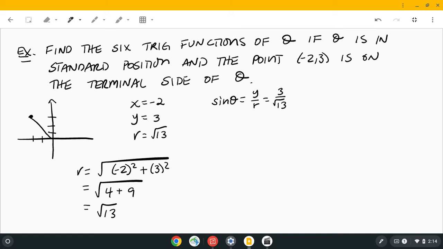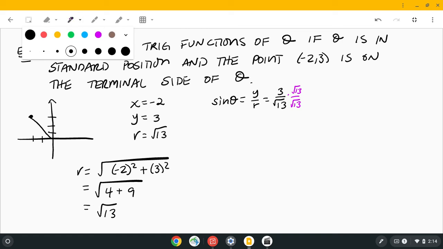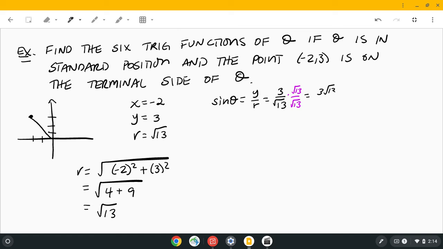Okay, and then if we rationalize this, if you forgot how to rationalize the denominator, you multiply here by square root 13 over square root 13. And that will give us 3 square root 13 on top. And then in the denominator, we'll get square root of 169, which is 13.